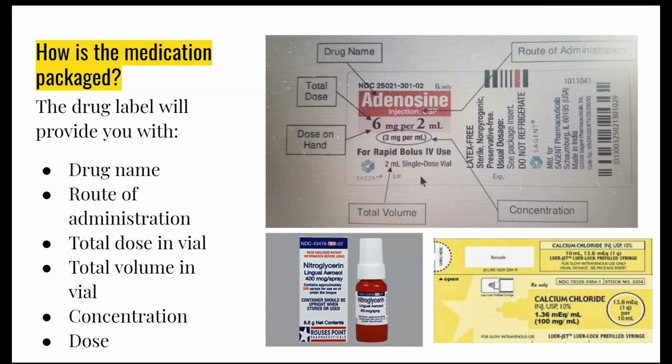All of a sudden they change to a different pharmaceutical company, and the purple vial is not Benadryl anymore. The pink vial is Benadryl, and you grab the wrong one and give a patient the wrong medication, right? Or it's no longer packaged in 50 milligrams of Benadryl in 2 mLs. It's now in 1 ml. Okay, so just always make sure that you're looking at the things in your drug kit, because sometimes they do change.